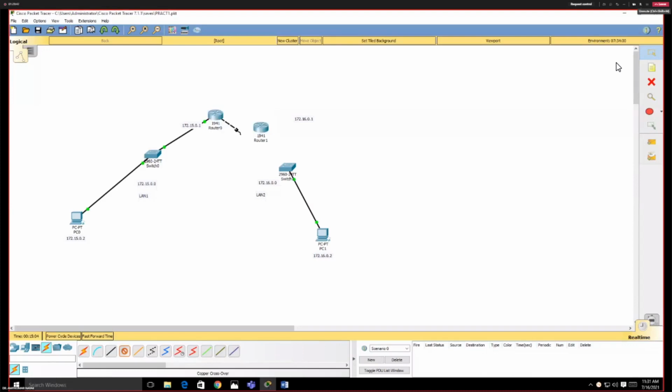So the router to router connection is established now. Now router to switch connection requires a straight through cable. Yes or no? So the router to switch connection I have established.